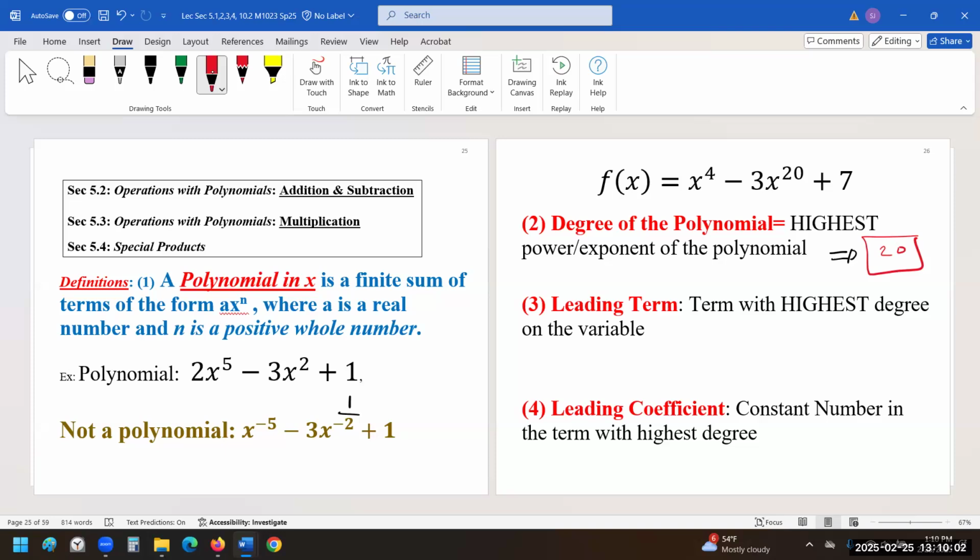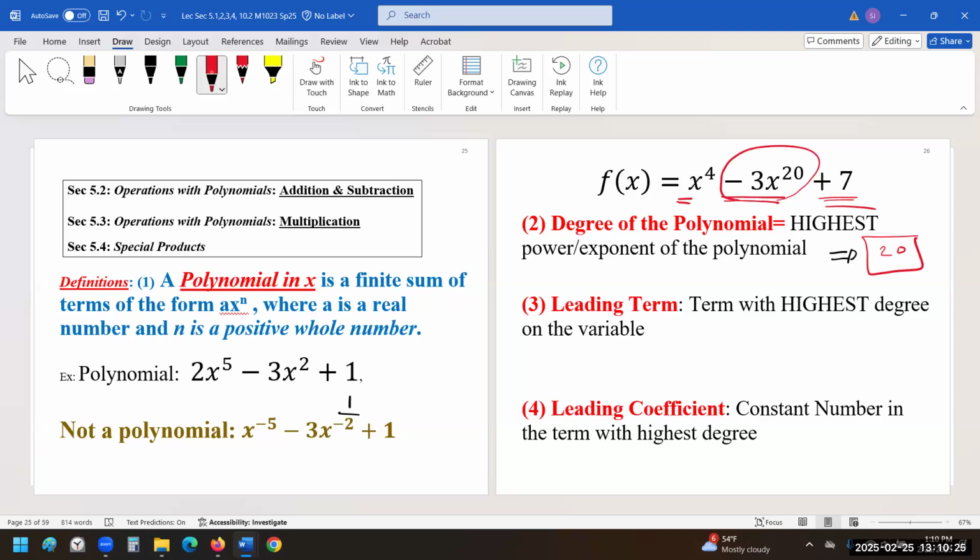Now, leading term. The leading term is the term that has that highest degree. So in which term do we have the highest degree? The first term, the second term, or the third term?